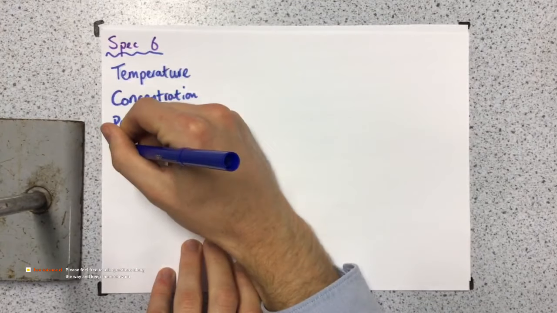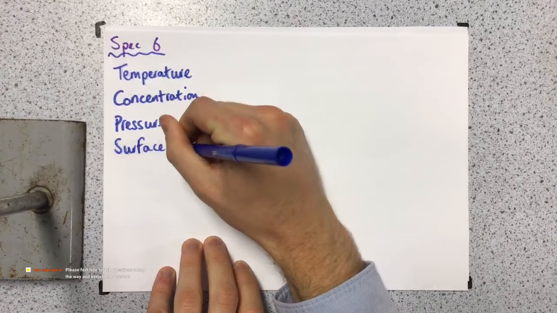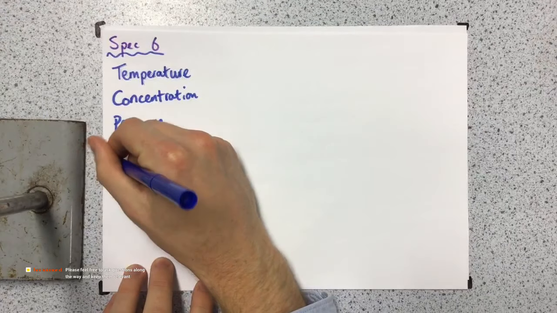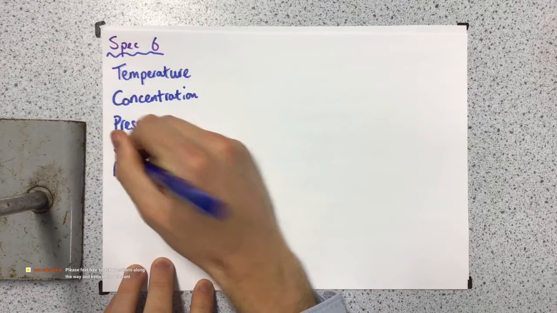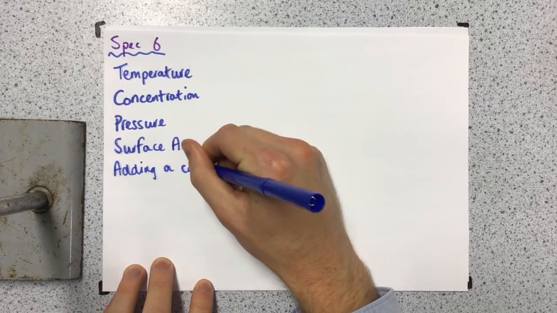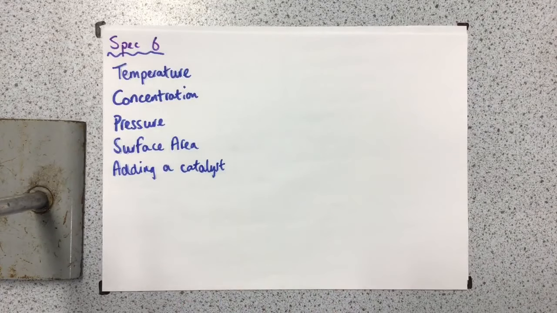Surface area. And there's also adding a catalyst. Now, a catalyst I'm going to speak about individually. The other 4 we can talk about in terms of an explain question or describe question.